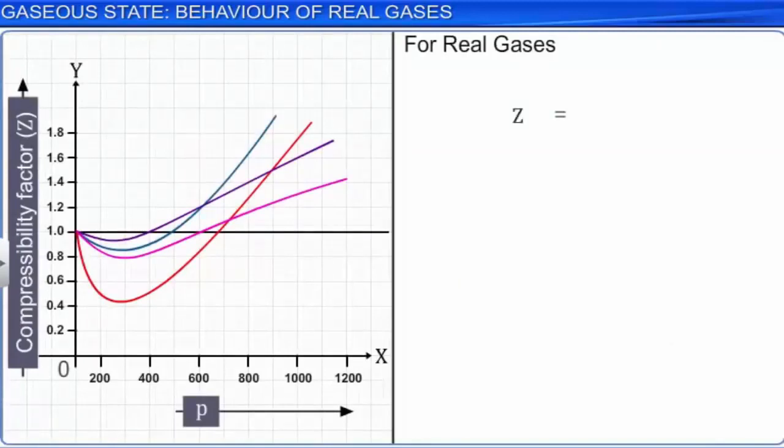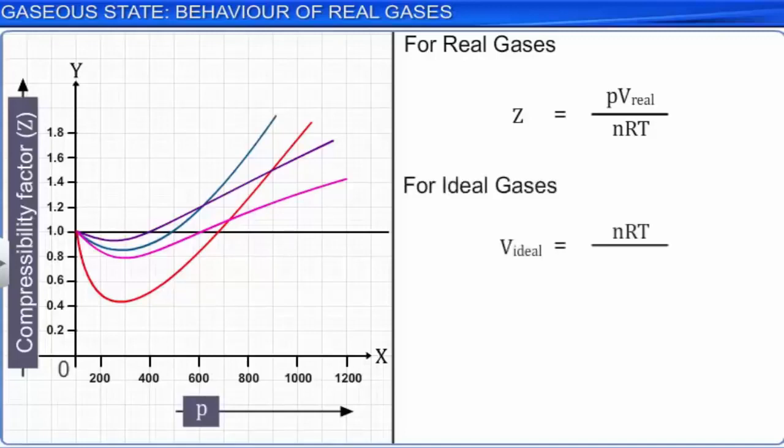If the gas is an ideal gas, then V is equal to nRT divided by P. On substituting the value of nRT divided by P in the equation for compressibility factor, we get Z equals V real divided by V ideal. From this, we can conclude that Z gives the ratio of the actual molar volume of a gas to the molar volume of it, if it were an ideal gas at that temperature and pressure.